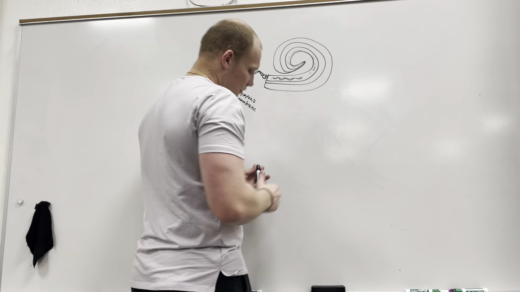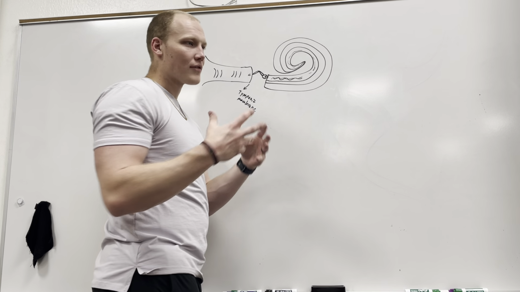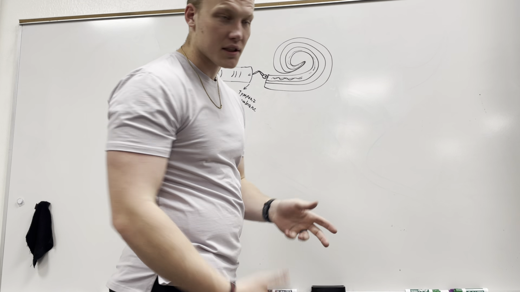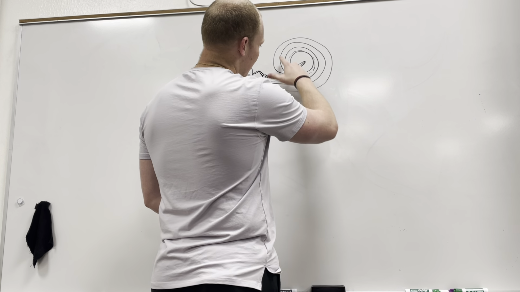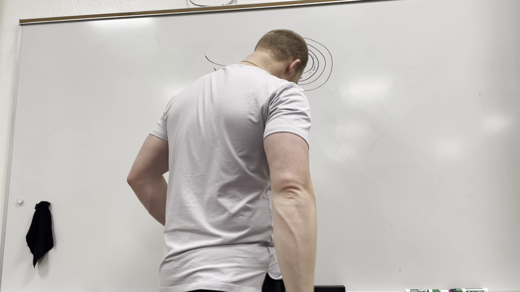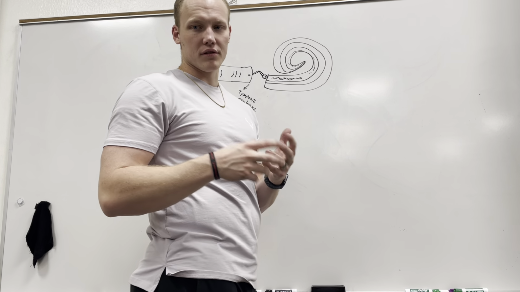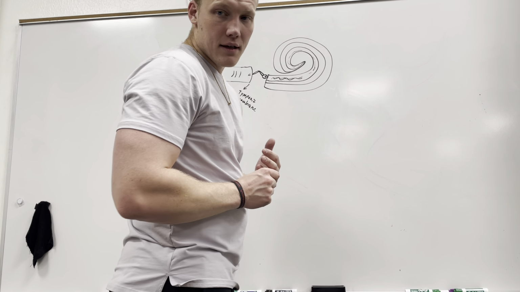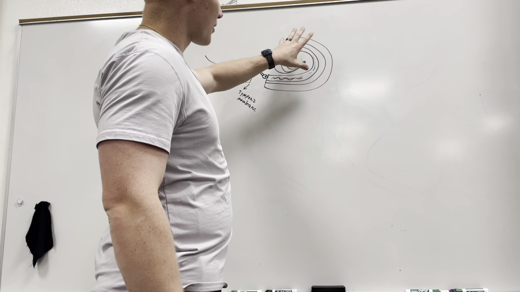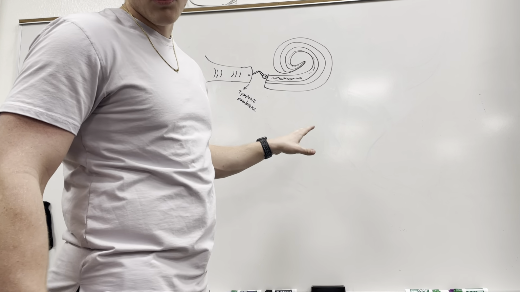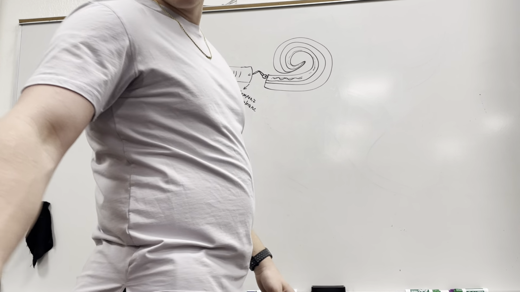But we aren't really focused on the waves, we're focused on how they change things. So this basilar membrane, a membrane that sits right down here, is where your hair cells are. So we're going to look at these different channels, that basilar membrane, and how it all works.